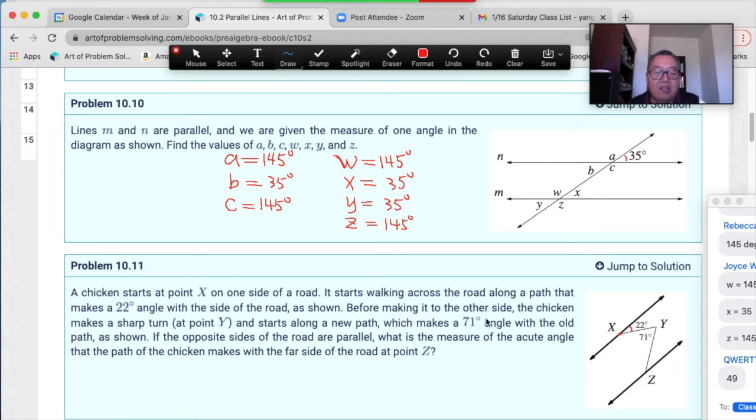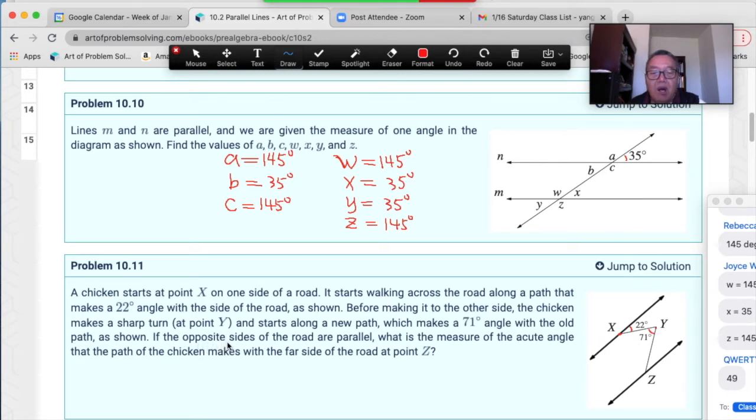Before making it to the other side, the chicken makes a sharp turn at point Y and starts along a new path, which makes a 71 degree angle with the old path. That means this angle equals 71 degrees.